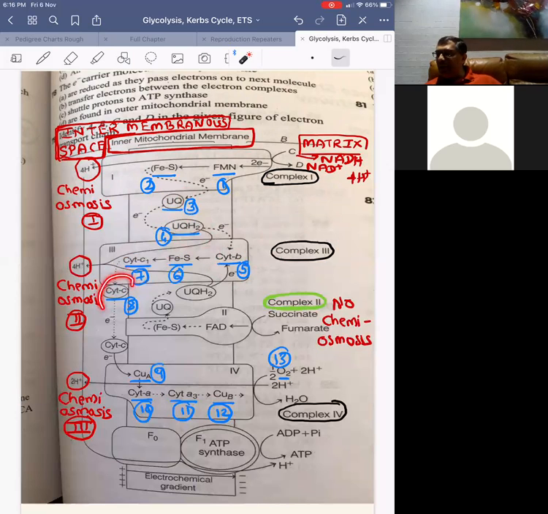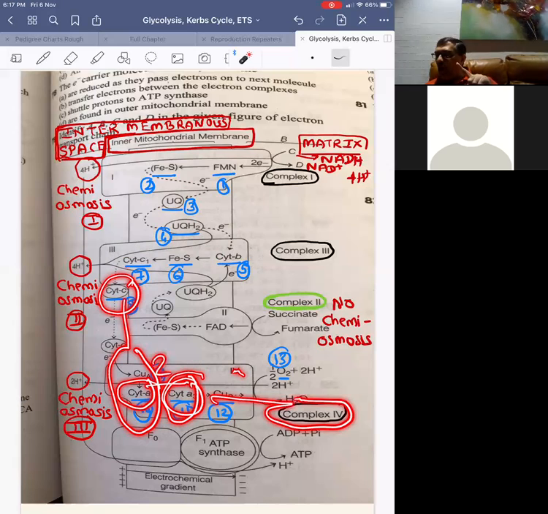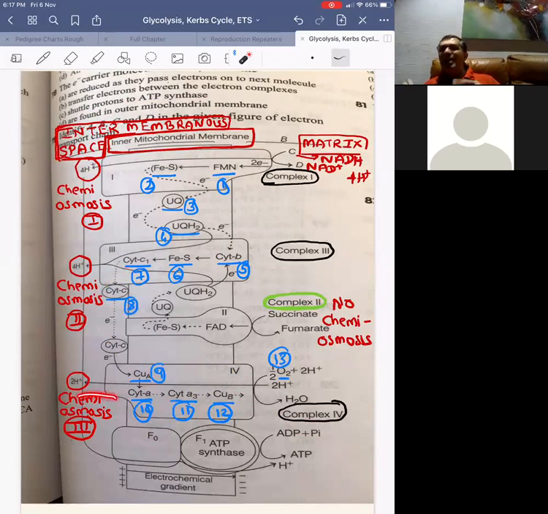And cytochrome A और A3 के बीच में एक ATP बनाया था हमने, that we call complex 4. But actually no, same thing. इलेक्ट्रॉन्स के अंदर से एनर्जी निकल के protons are pushed out. And protons go into something called intermembranous space. और उसमें से ATP बनता है.